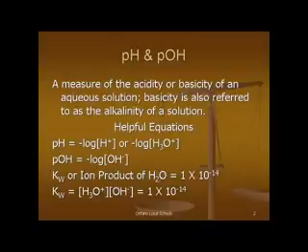Kw, or the ion product of water, is equal to 1 times 10 to the negative 14th, and the ion product is equal to the concentration of the hydronium ion H3O+ times the concentration of the OH-. Now you can substitute H+ for H3O+. They're used interchangeably in chemistry, but that ion product, or Kw, is equal to 1 times 10 to the negative 14th.